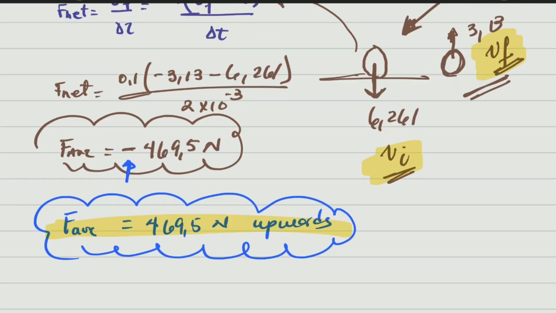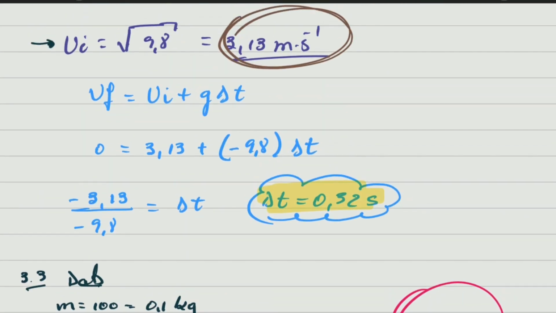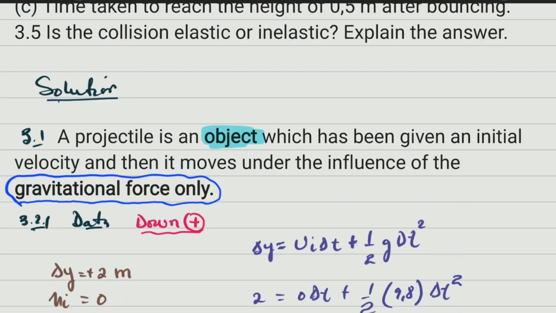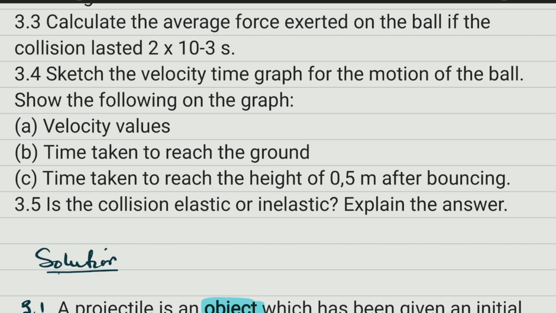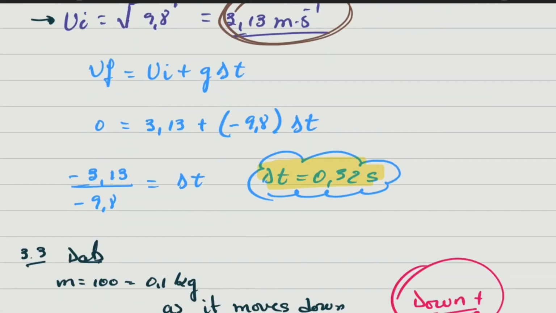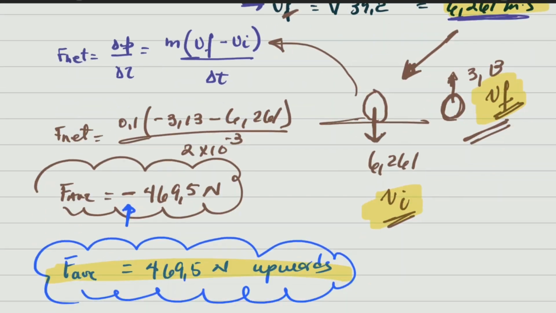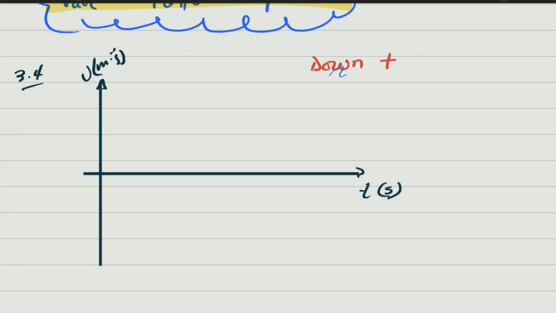And we're going to a very nice question, which is the graph. The graphs are very important because they are quite confusing. In this case, it is a velocity time graph, and we need the velocity values, all the velocity values, the time taken to reach the ground and the time taken to reach the height of 0.5 meters after bouncing the first time. So we're going to start with the axis as usual, and we're going to take down as positive.